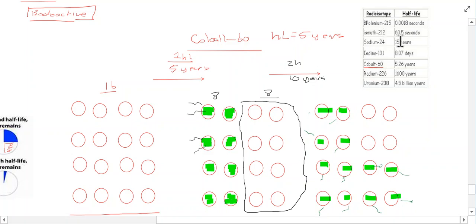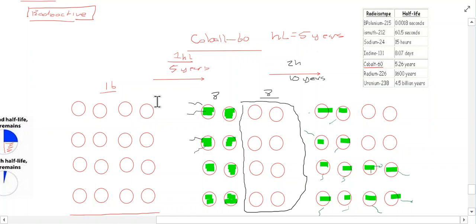If we look at sodium, it takes 15 hours. Iodine is 8.07 days. We looked at cobalt, it's 5.26 years. So it's quite long. If you look at radium, it's 1,600 years.